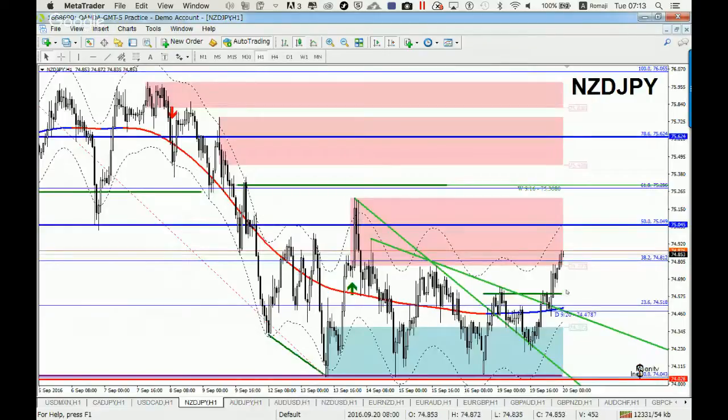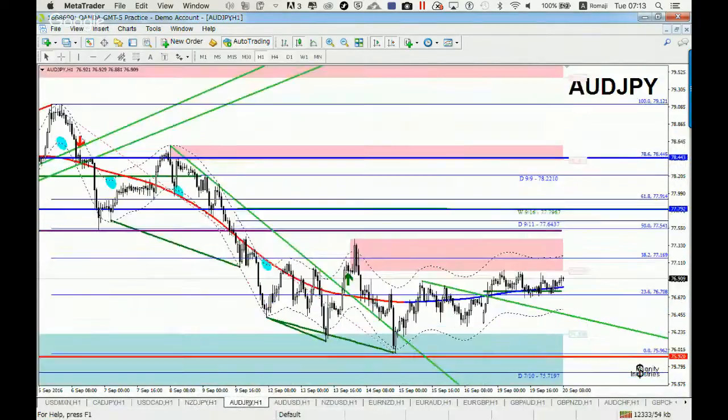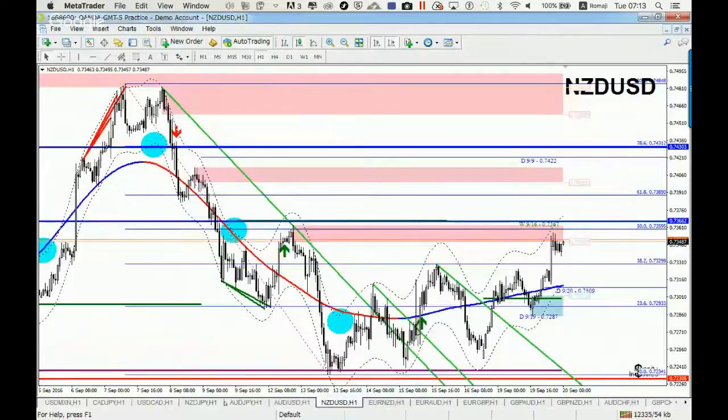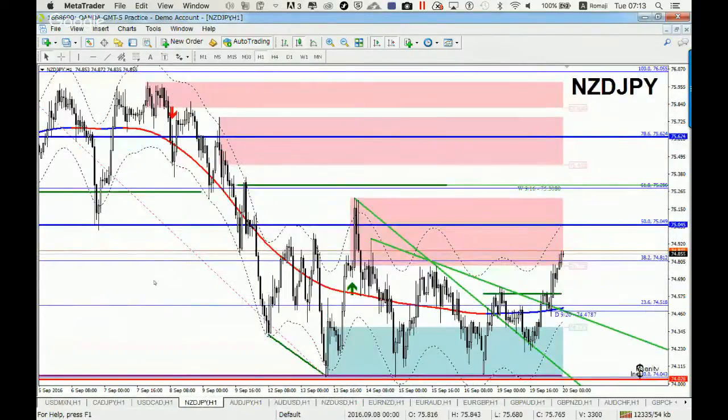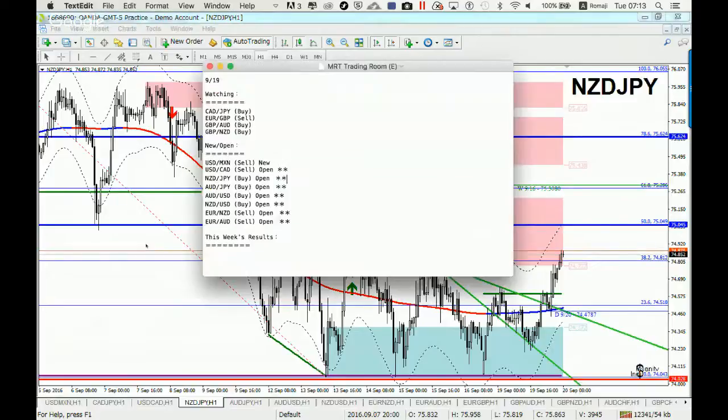But the New Zealand yen really perked up overnight. It's getting closer and closer to its initial profit target, and the Aussie yen not so much. But the New Zealand dollar has also popped up too. So I think it has more to do with that than the yen itself. But it is definitely the yen is weakening against the New Zealand slightly this morning.